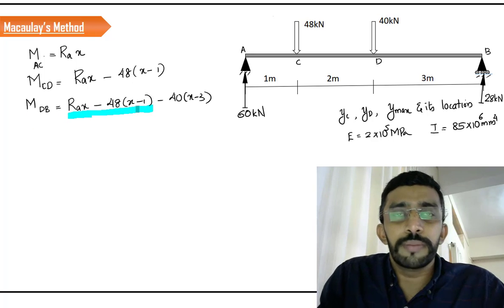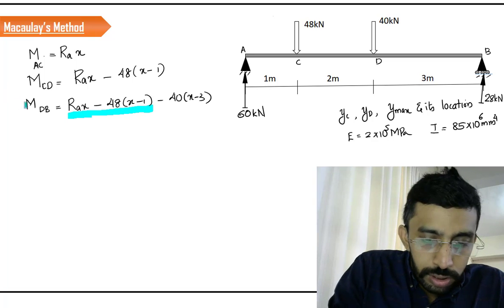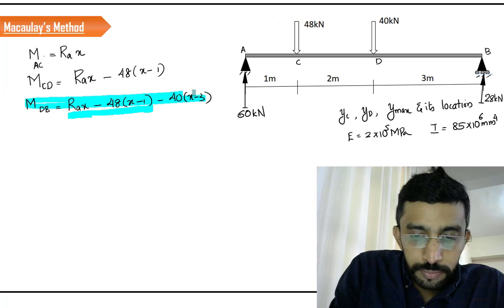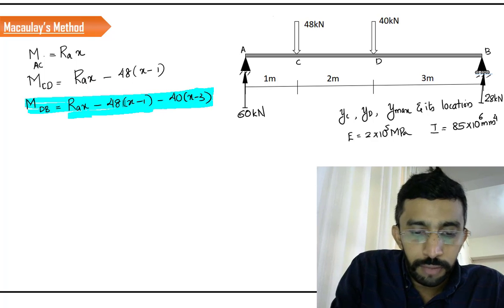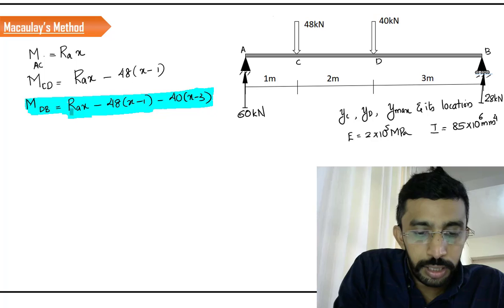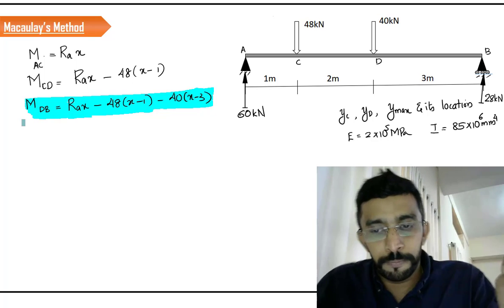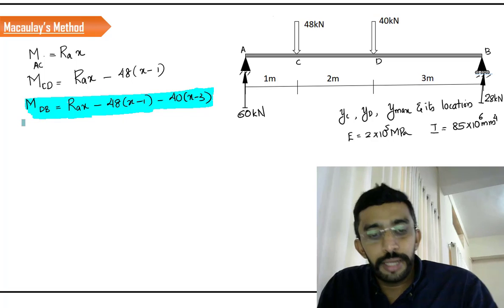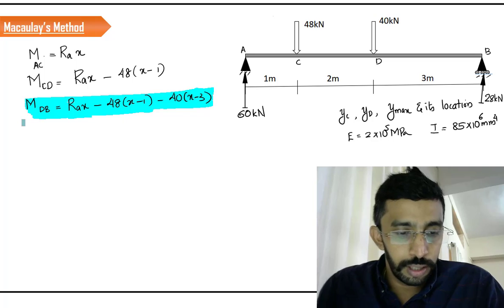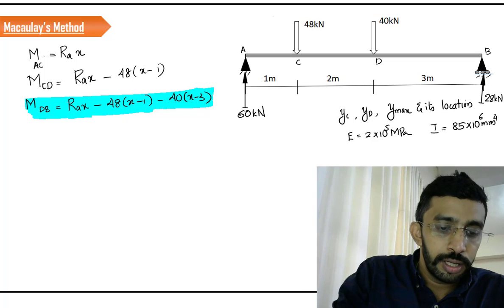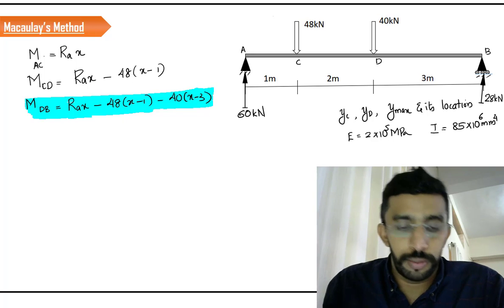And finally section DB. If we choose this as a general equation and take only the first term, that corresponds to section AC. If we consider the first two terms, it corresponds to section CD, and if we take all the terms, it corresponds to section DB. So right now we have obtained the final equation.